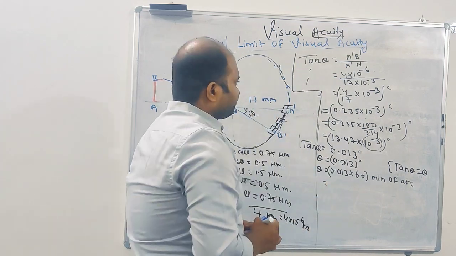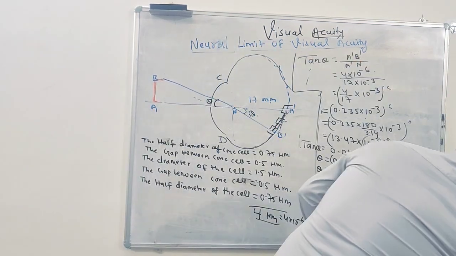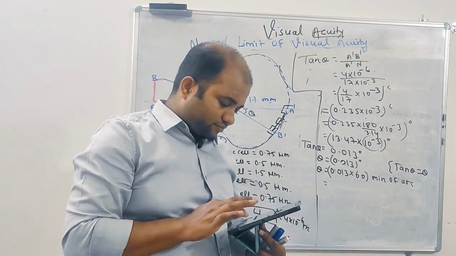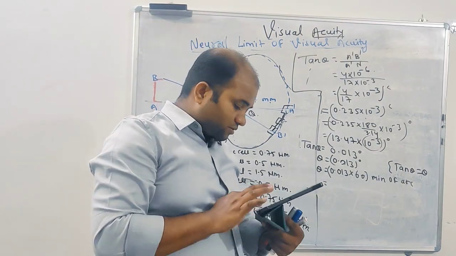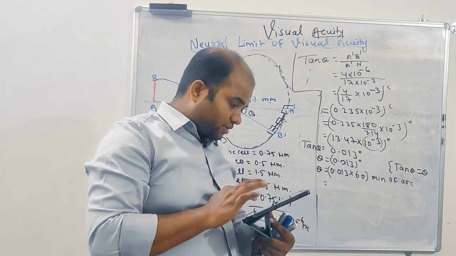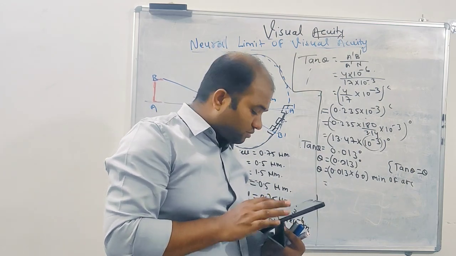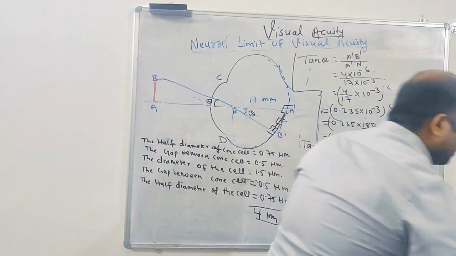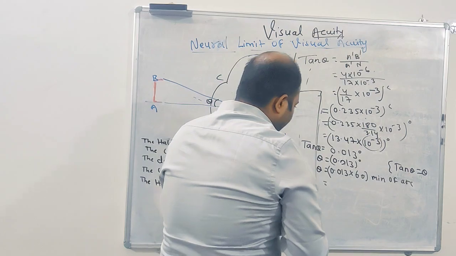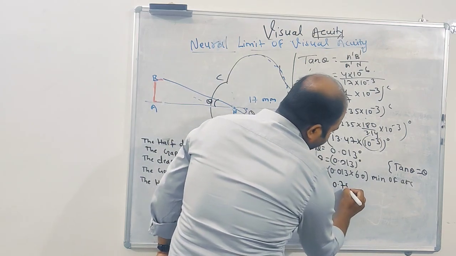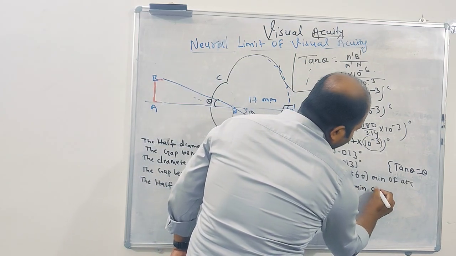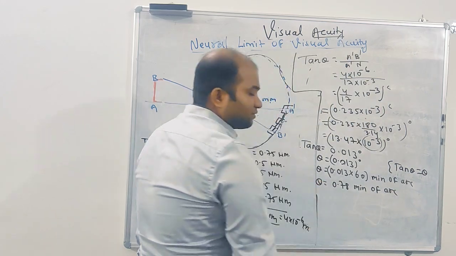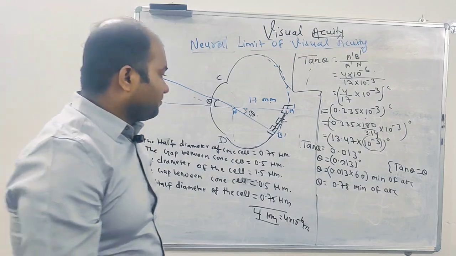Now again we'll take the help of our calculator. 0.013 into 60 is 0.78. So 0.78 minute of arc. That means your minimum angle of resolution should be 0.78 minute of arc.